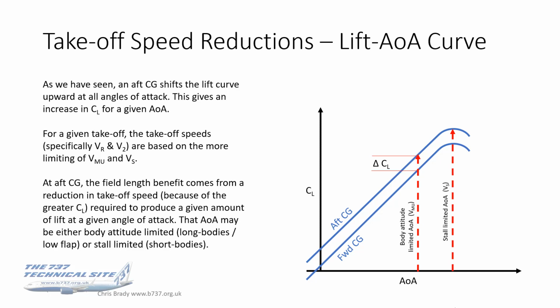So at aft CG, the field length benefit comes from a reduction in takeoff speed, because of your greater CL, required to produce a given amount of lift at a given angle of attack. That alpha can either be body attitude limited for your long bodies or stall limited for your short bodies. So that's kind of it in a nutshell. Why it's better for short-bodied aircraft than for long-bodied aircraft. Long-bodied aircraft do still get a huge performance benefit, but not as much as the short ones.